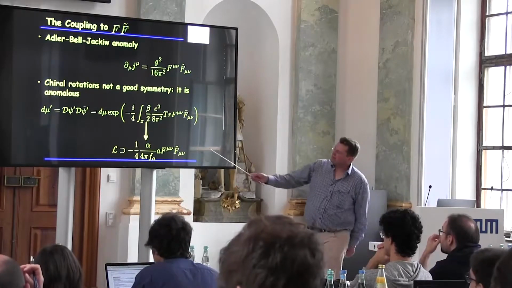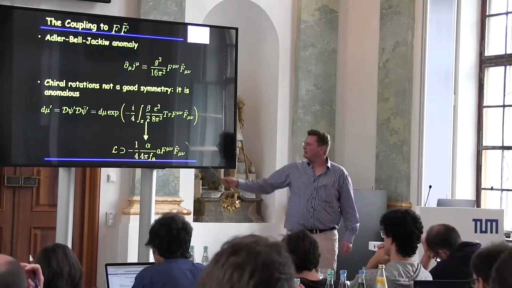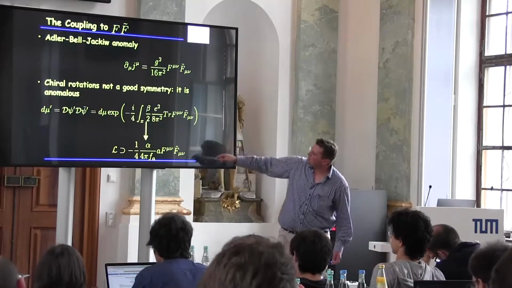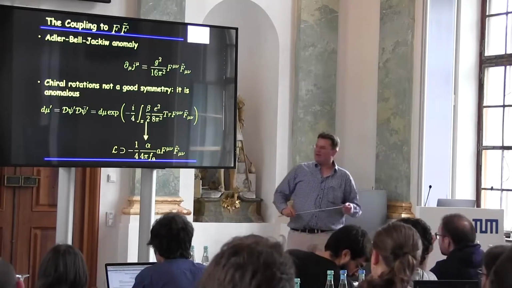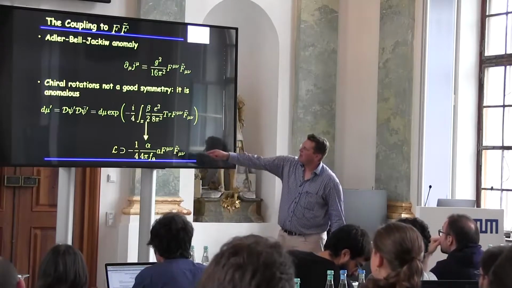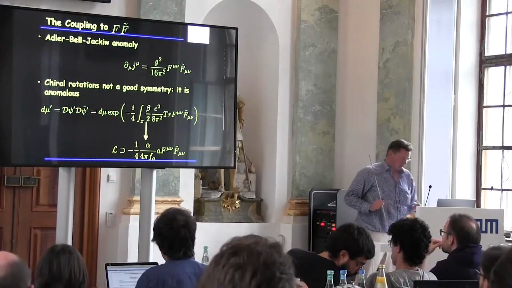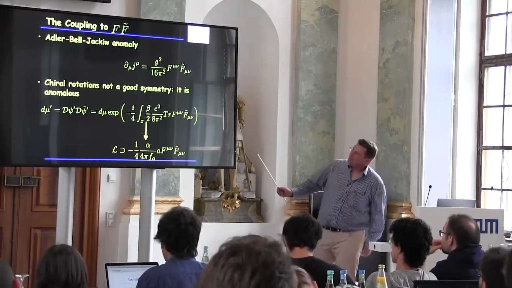That can also be expressed now in terms of an effective Lagrangian that basically has axion F dual, and if you put all these factors together, we get something like alpha over 4 pi Fa as the prefactor, and the minus 1/4 is just a suitable normalization. So now you have exactly the desired term.